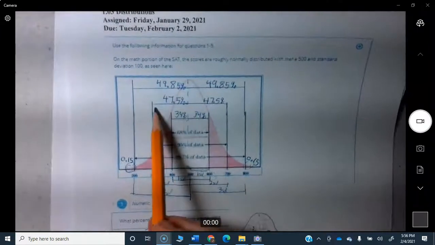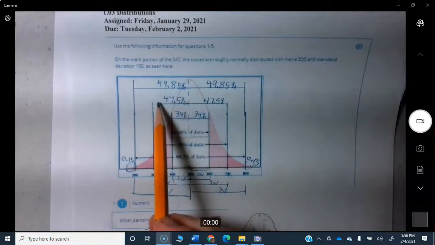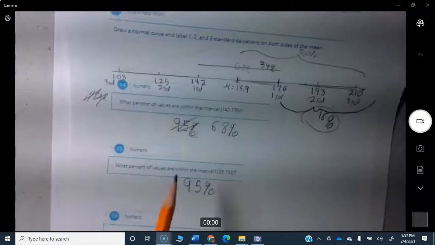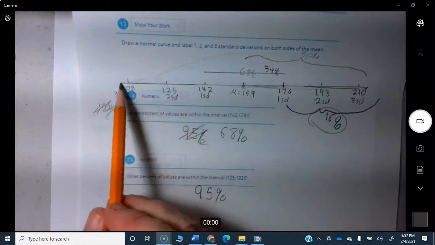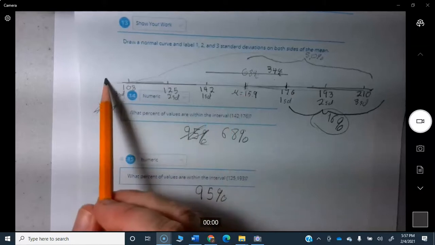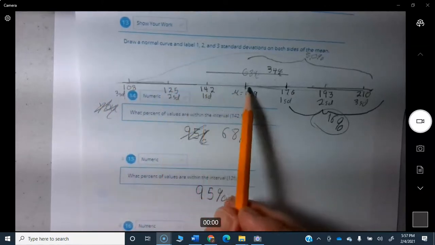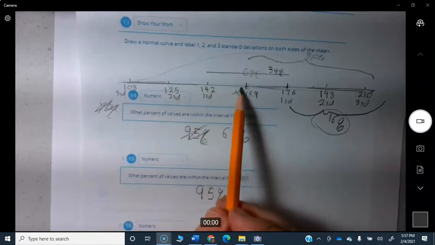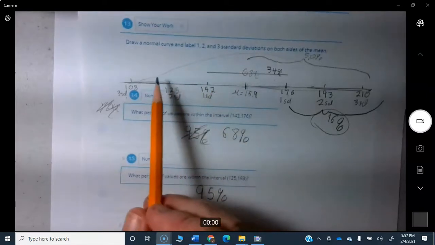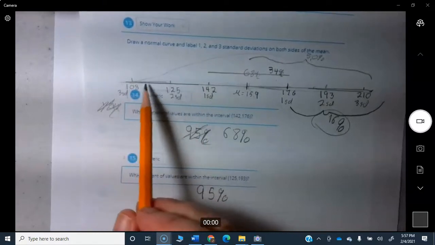So from the mean to 2 standard deviations is 47.5 from here to here. So if we want to know what percent are below this, they're over here. We take this entire distance here, that's 50%, minus this distance, 2 standard deviations, is 47.5%, and that'll give us this distance right here, which is what we want to know, below 125.